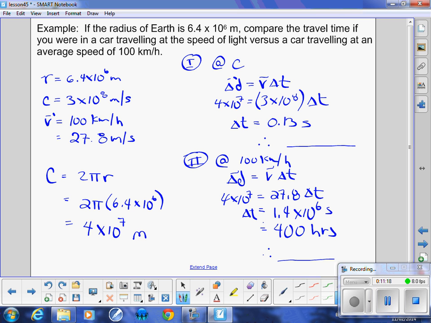So that speed of light is so fast, virtually instantaneous to the eye. When we talked about lightning and thunder, the lightning bolt you see virtually instantaneously. There's a delay because sound is significantly slower than light, and that's why the thunder comes in after you see the lightning bolt.